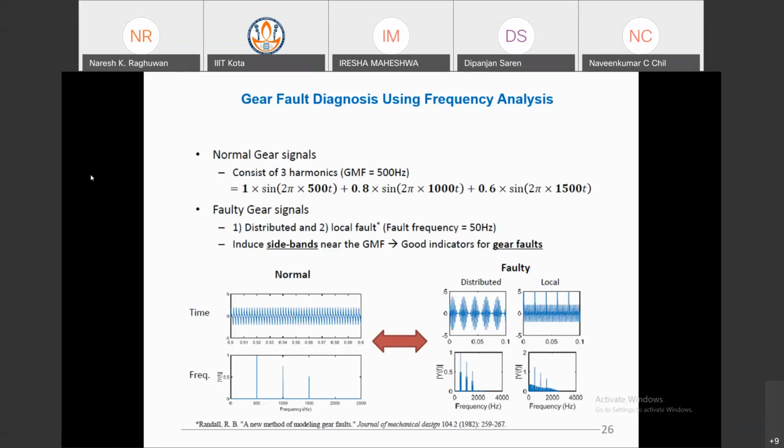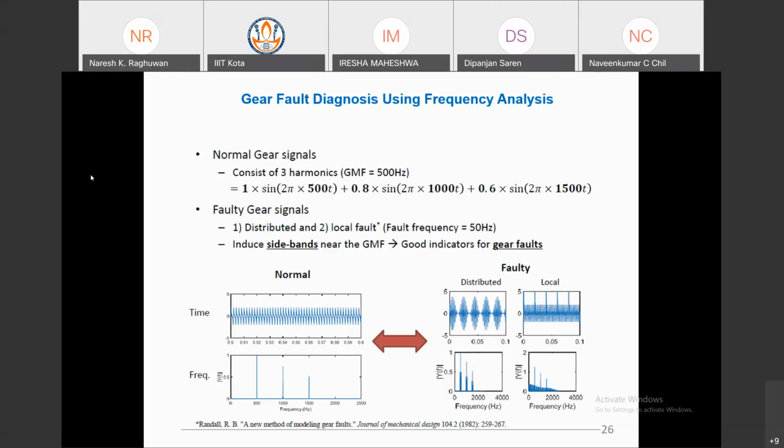There is a frequency distribution, but you have to analyze up to some harmonics. Here we are talking about three harmonics, but you can go for the fourth, fifth harmonics because some information may be hidden in, say, the fifth harmonic also.